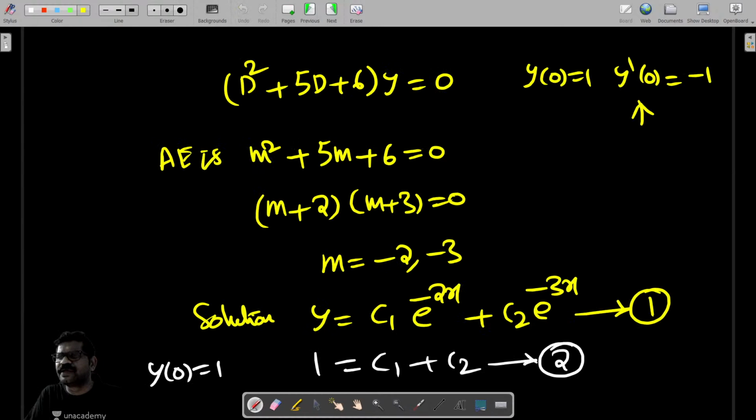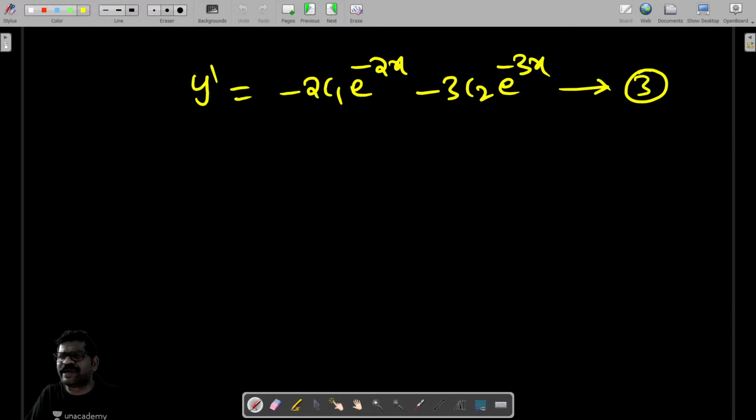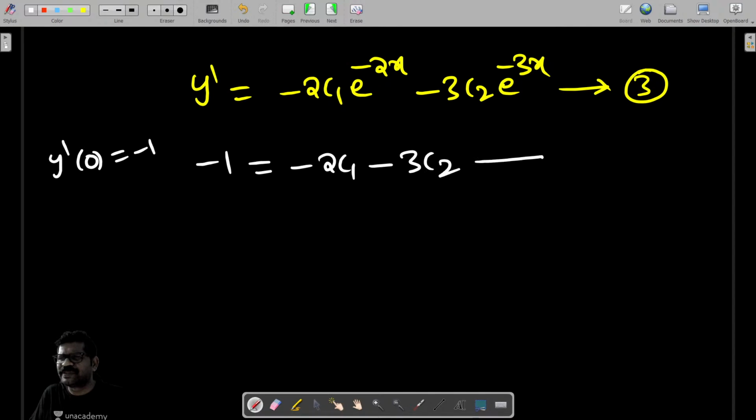Next, y dash of 0 equal to minus 1, so minus 1 equal to minus 2c1 e power 0 minus 3c2. Call it 4. Now, from 3 and 4, you have to get the values of c1 and c2.